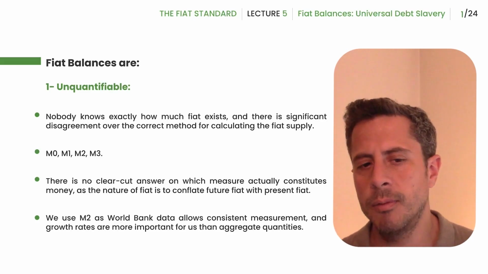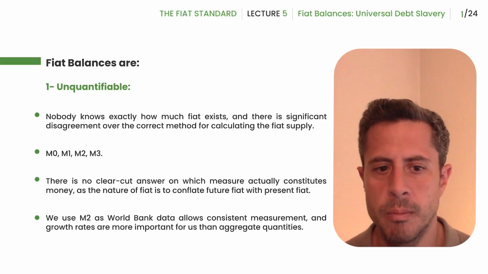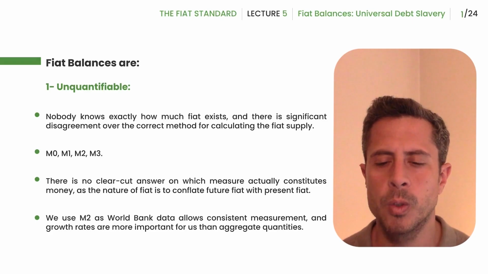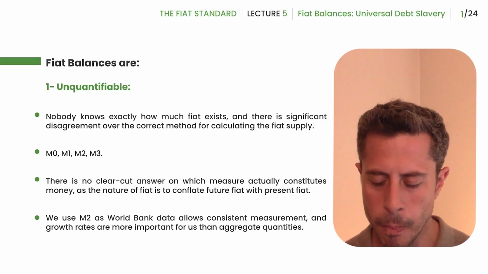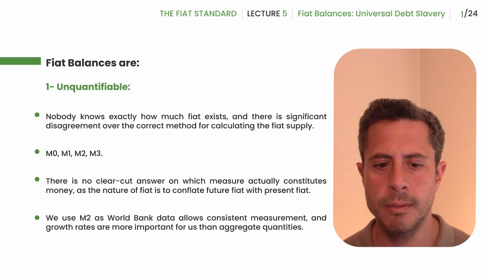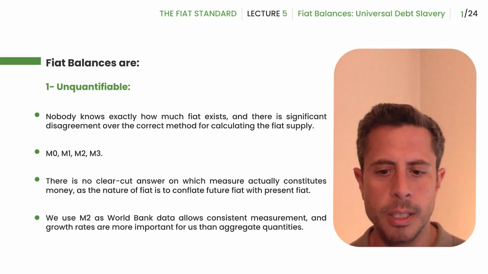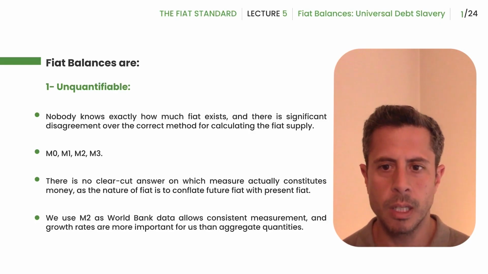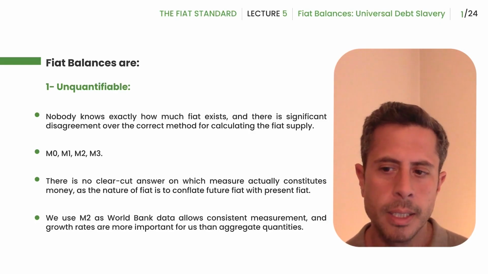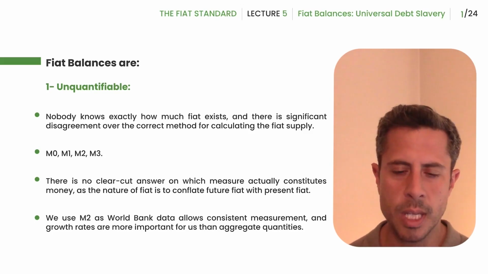In The Bitcoin Standard and The Fiat Standard, I like to go with M2 as the measure of money, because it is the one that we have the most regular, comparable and standard statistics for. There's World Bank data on M2, and there's OECD data on M2 that basically cover the entire world. And if you look at them, you'll get a good idea about the money supply increasing across different countries according to some sense of standard measure.